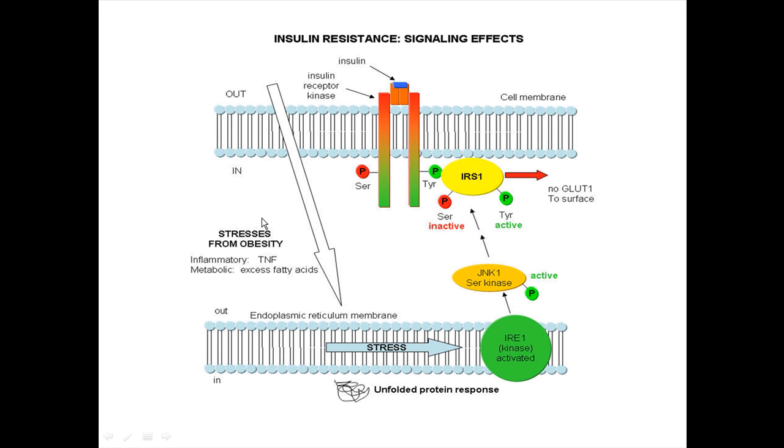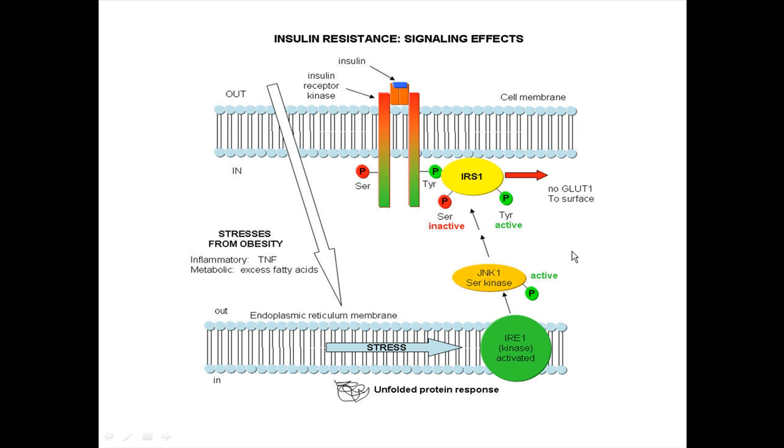Another graphic just shows that stress, they call it obesity stress, can produce something called tumor necrosis factor, which causes inflammation, and with the excess fatty acids, it causes stress, and that increased stress is going to inactivate the phosphorylation of, I think it's serine, which is an amino acid.